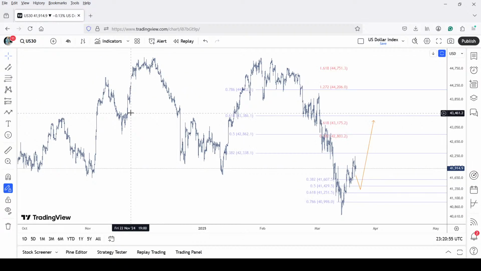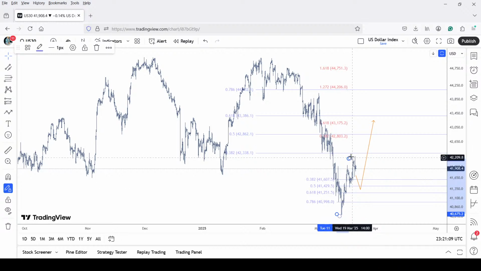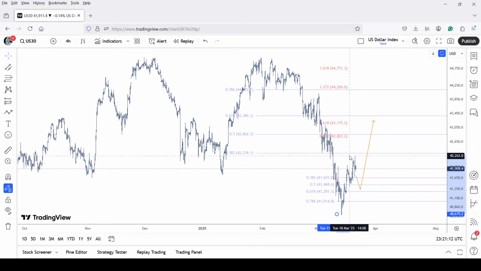Dow Jones has also kind of completed an ABC. You can see that A, B, and C. So ideally, we would be waiting for a corrective drop lower towards 61.8% of that rally.